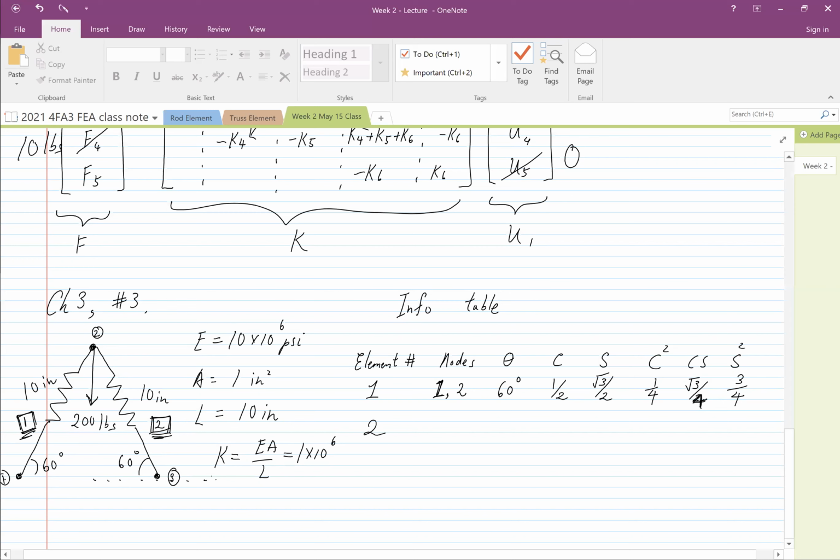Element number 2 is from node 2 to 3. From node 2 to 3 is negative 60 degrees. The cosine of it will be... hold on.